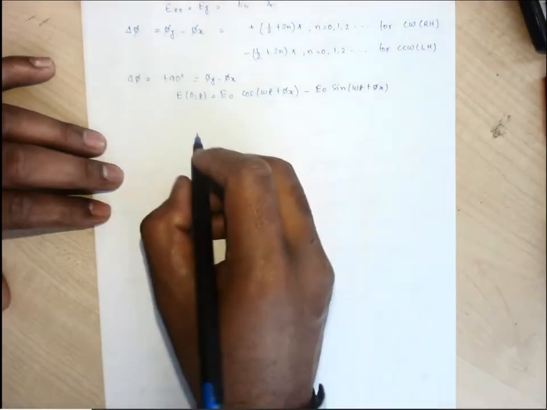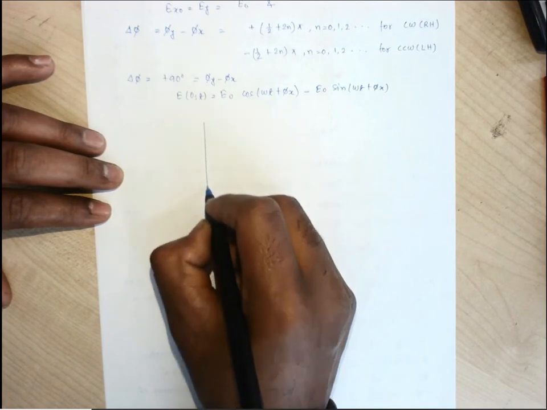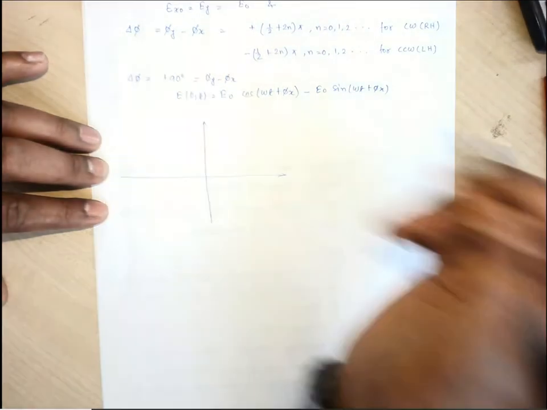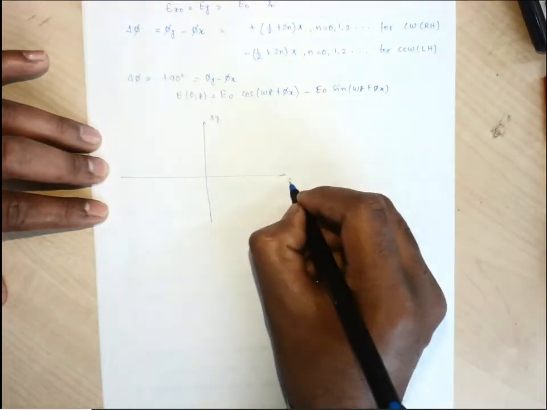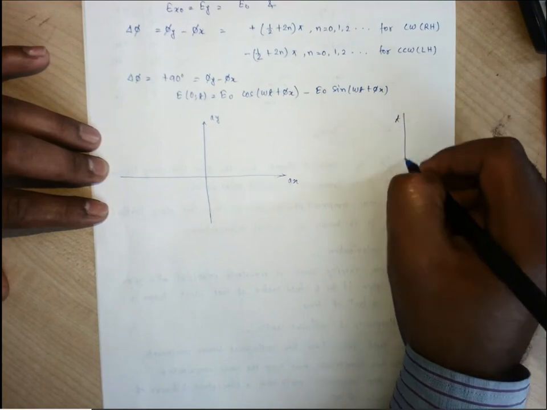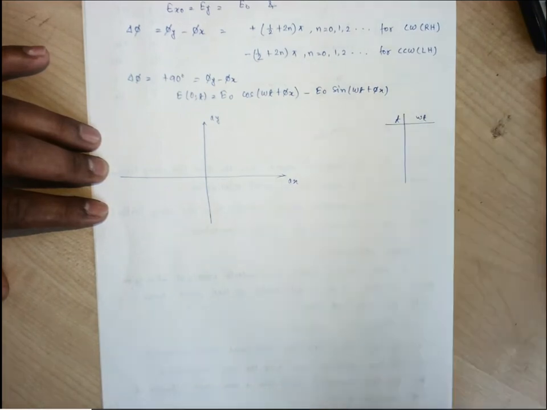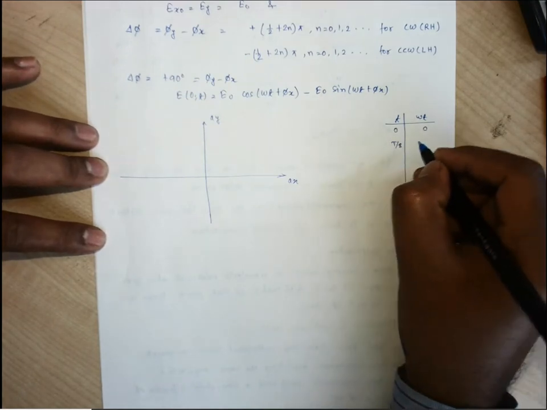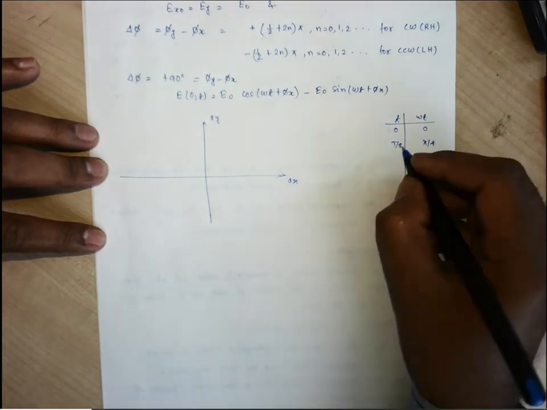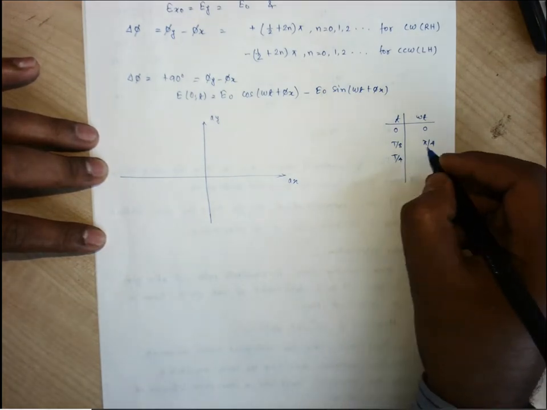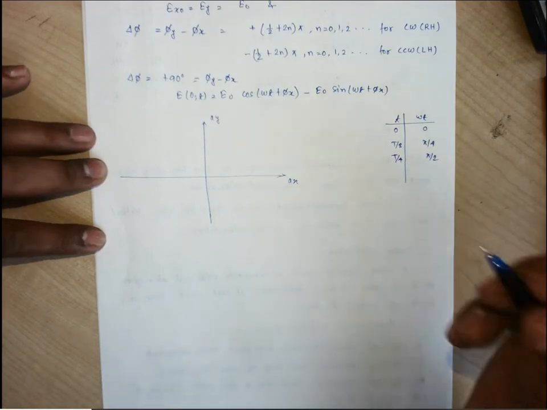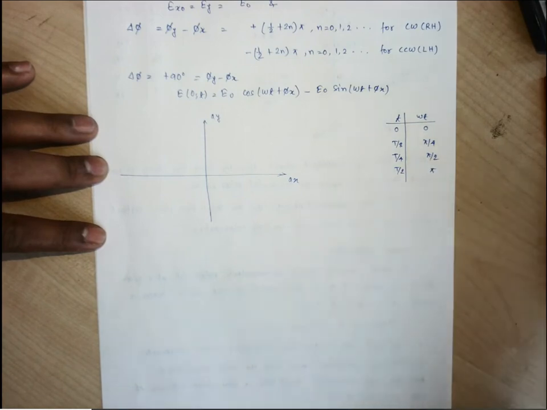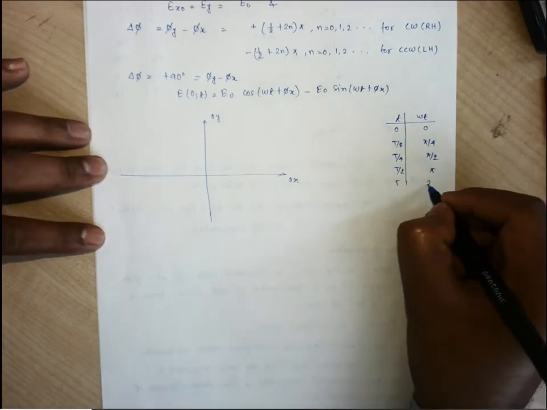Now let us trace this field vector, how it will rotate. So this is your ay, this is your ax. Let us take different t, and according to that what omega t we can have. For 0 it is 0, for T by 8 we can have pi by 4, for T by 4 we can have pi by 2, for T by 2 we can have pi, for T we can have twice pi.